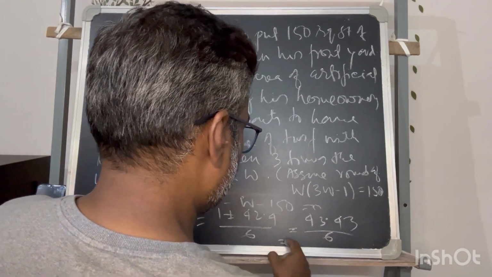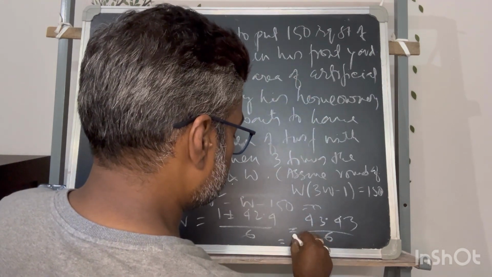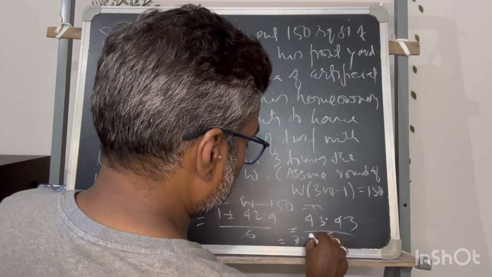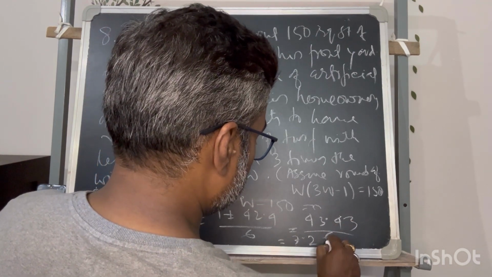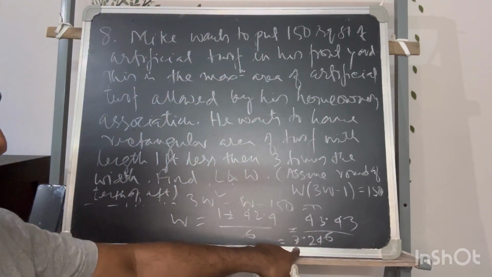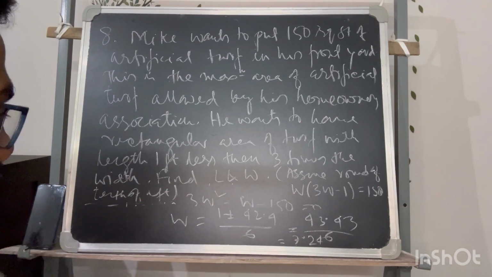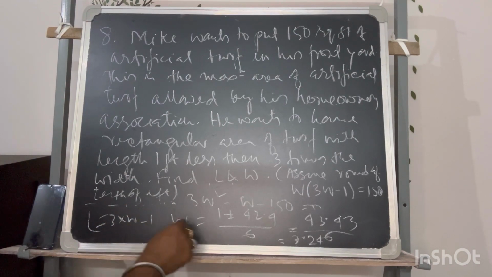Now the final approximation you have to take up to the decimal. So as a result 7.24 will be the width, and accordingly you will put the value of length 3 into W minus 1, and you will get the length.